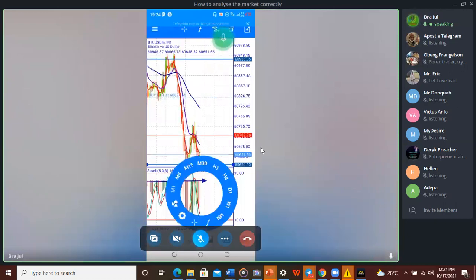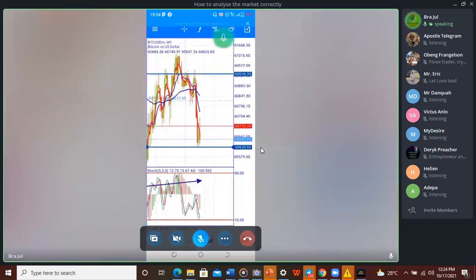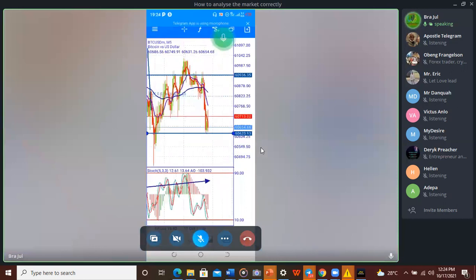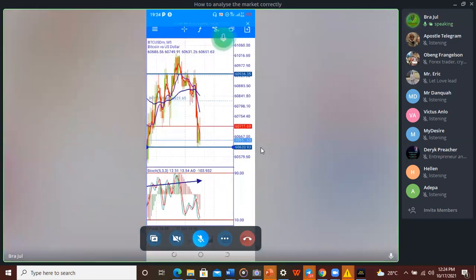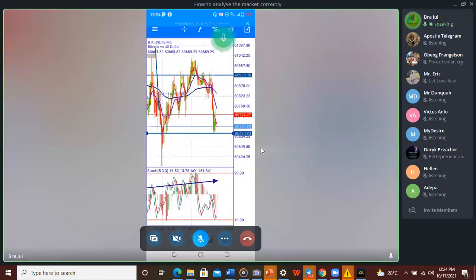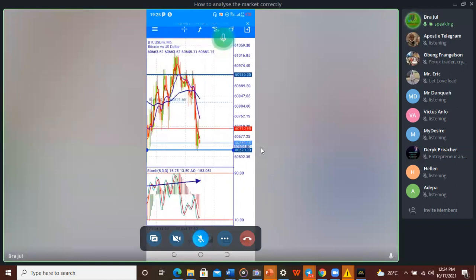So the M5 is also telling us that the potential to go down is high, because if you look at the awesome oscillator, it is also now pushing downwards. You can see it pushing downwards.